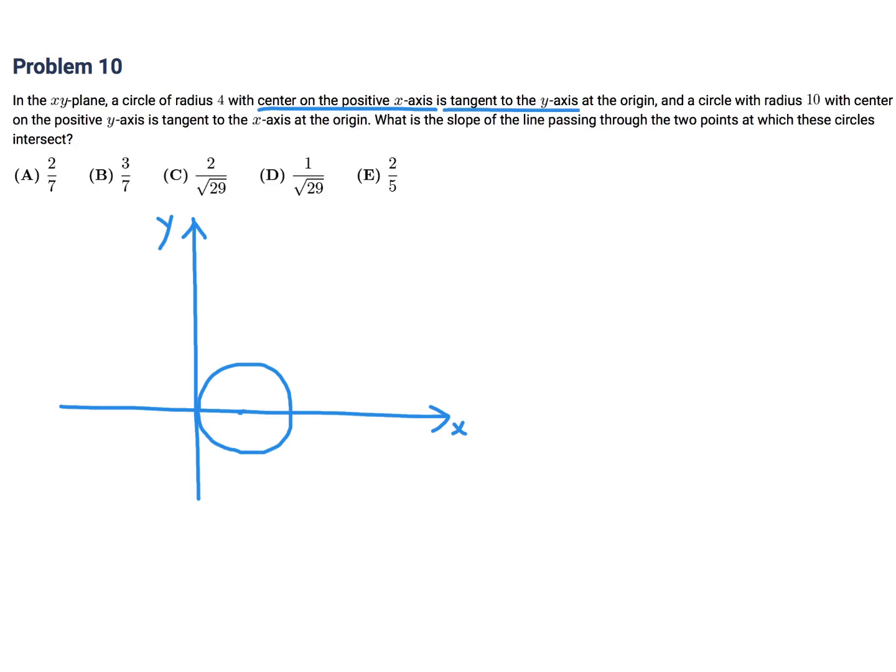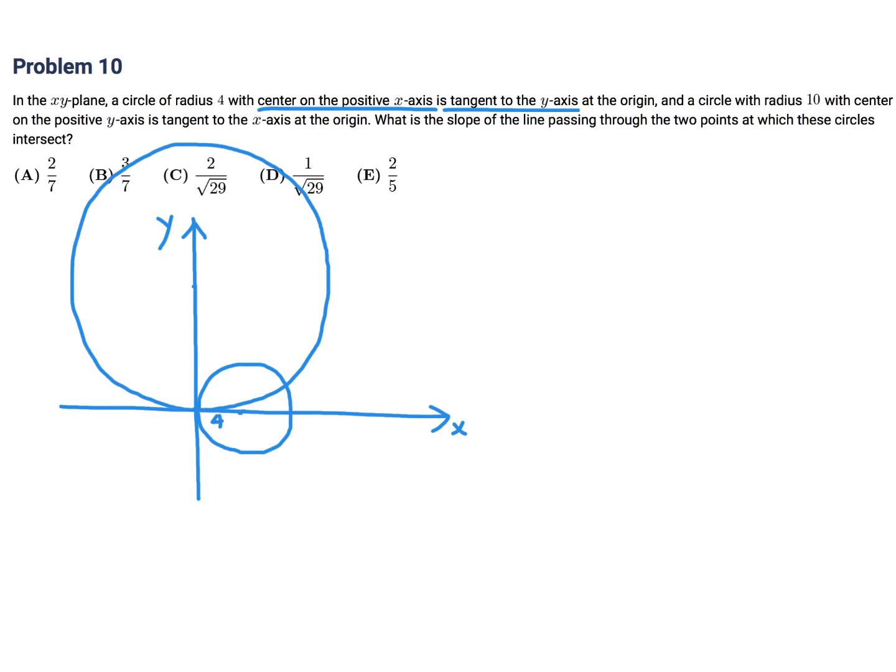And then the other circle is similar, but this time its center is on the y-axis, and this is 4 in terms of the radius, so that's a much bigger radius, something like this. Okay, I think that's pretty decent. Not the greatest, but it's okay.